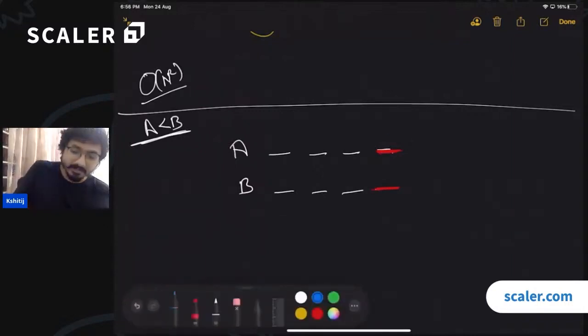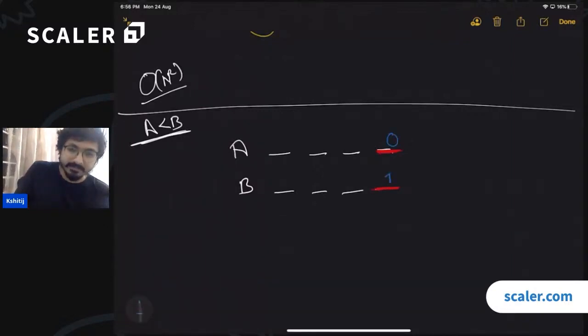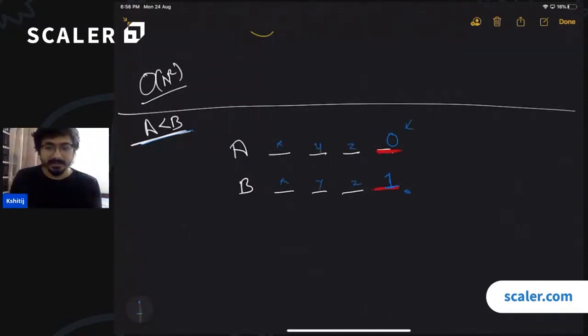Can I say that A will always have 0 and B will always have 1? Yes, because A is less than B, and this is the first bit at which A and B are different. All the earlier bits are exactly the same. So we can definitely say that A is going to have a 0 and B is going to have a 1.